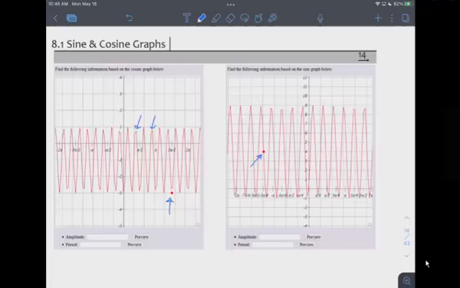If you see a dot on the minimum or the maximum, that means it's likely from a cosine function. It's a point on the cosine graph. If you see a dot in the middle, it's likely on the midline, and that's coming from a sine function, probably. And again, both of these can be expressed either way, as either a cosine or a sine.